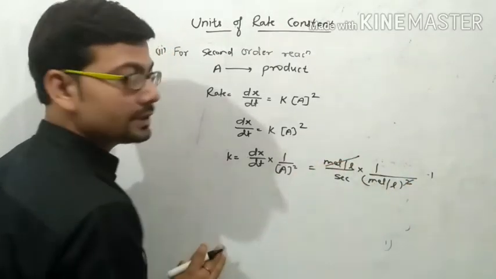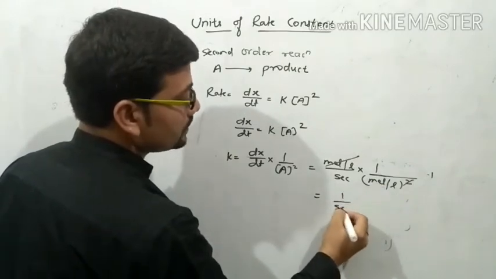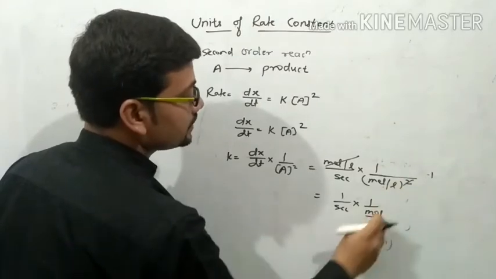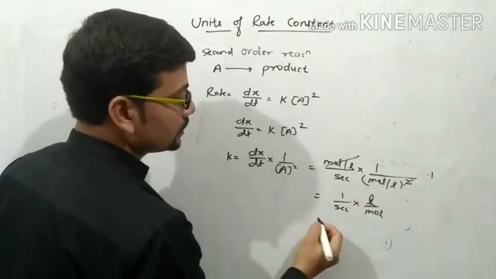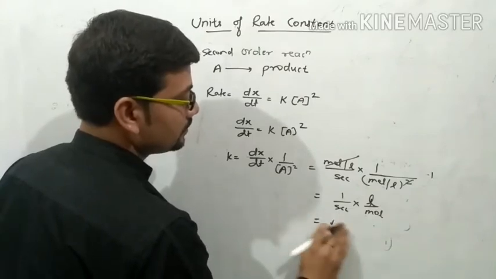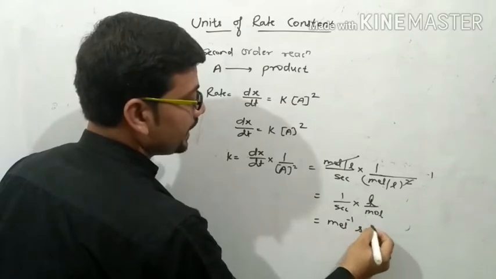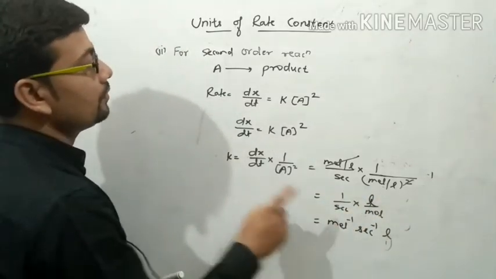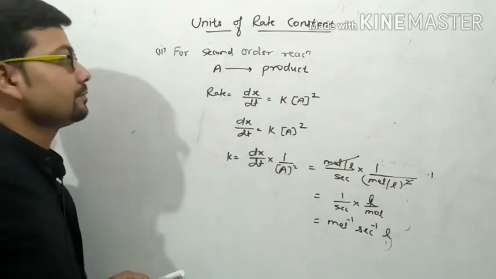One power is cancelled out here. So 1 upon second into 1 upon mole per liter. Liter goes to the upper side, that is liter. So mole inverse, second inverse and liter. So this is the unit of rate constant for the second order reaction.